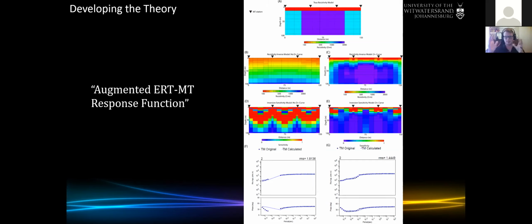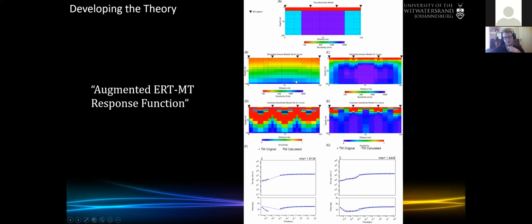So we ended up augmenting the data. So on the left, again, we see that we don't really see much of the resistor in the near surface, but we start seeing it maybe deeper on, but we lose most of it in the near surface. While in the augmented space, where we actually created high frequency pseudo MT data from the ERT data, we start to slowly see the resistor starting to appear again.